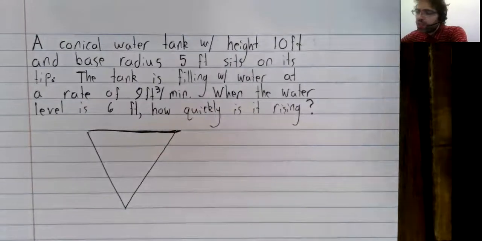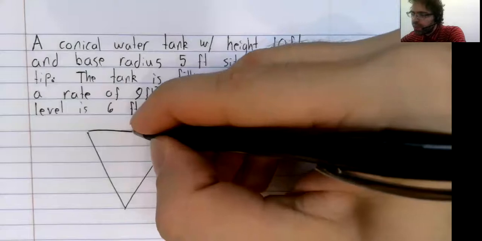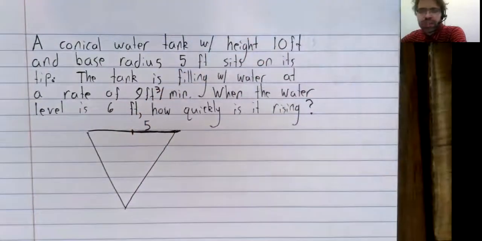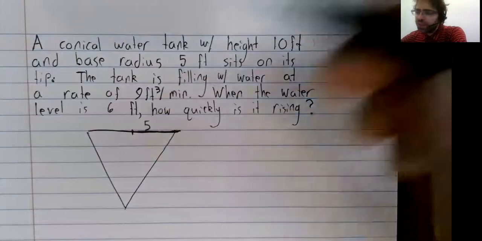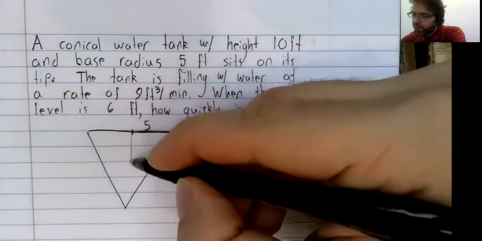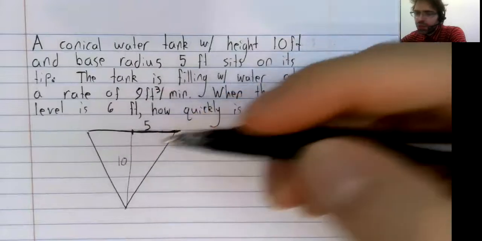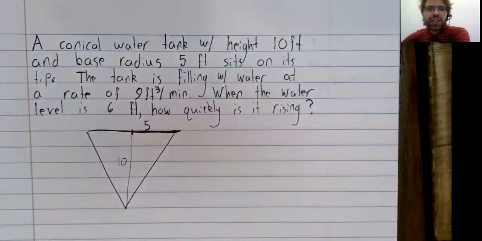What information are we given? We're given the base radius there. And we're given the height.